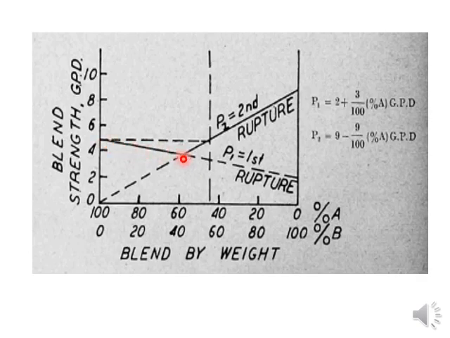So at this point, which means a 40-60 blend, we are not getting any advantage. If we draw a line here, we are getting a tenacity of around 3.75 or around 4, which is lesser than 5.